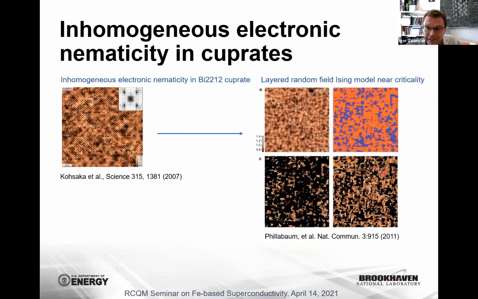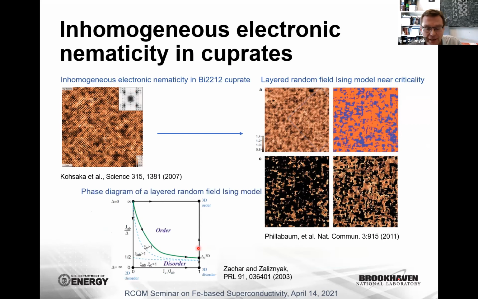In that case, it was explained by virtue of the proximity of that material to the electronic nematic transition, which can be described by a quasi-two-dimensional random field Ising model, which shows a large critical range where two different phases coexist. Theoretical simulation of this observed inhomogeneous electronic state found that it is consistent with the random distribution of these Ising domains, which result from the proximity of the material to the phase transition line.